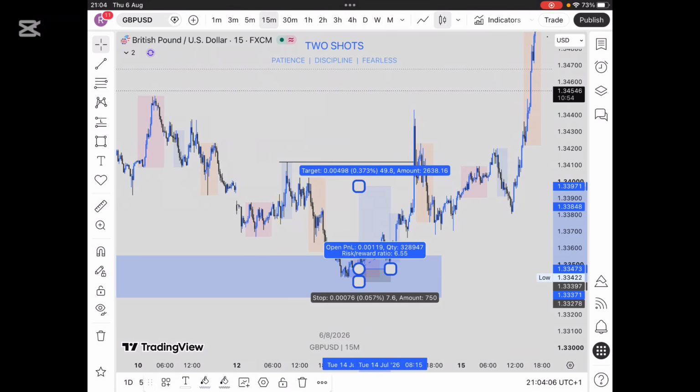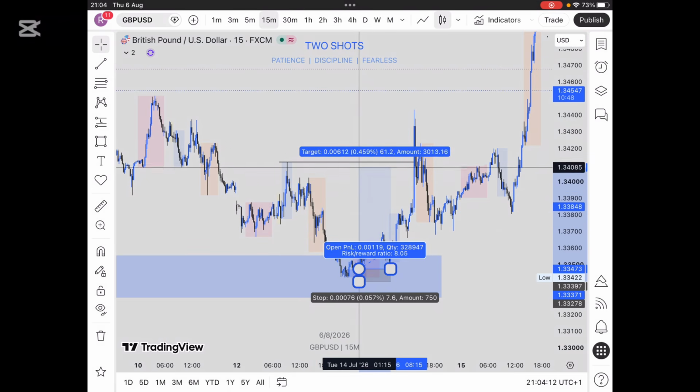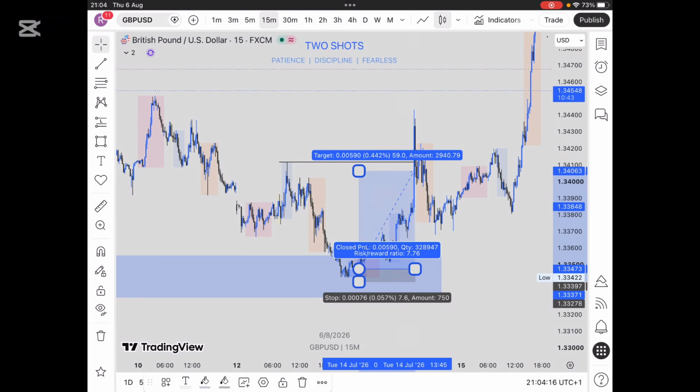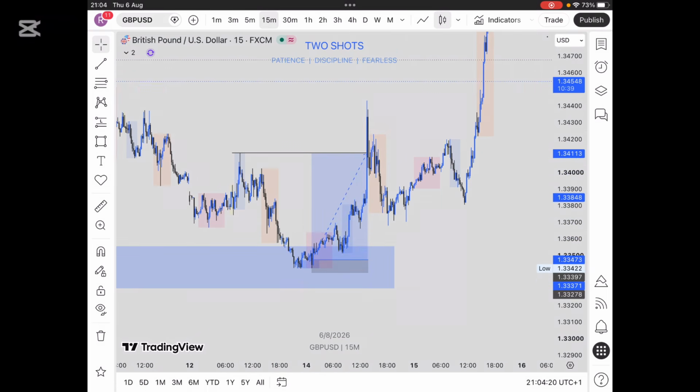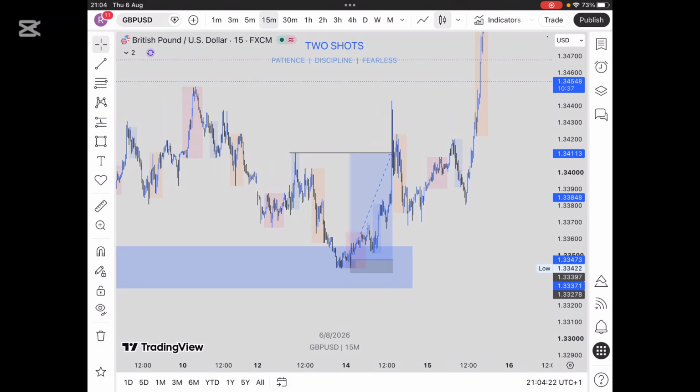So after taking my 1:2, we then aim for this high, or maybe somewhere around this place close to the high. I can decide to aim for the high. It depends on what I want or what I can afford to risk.